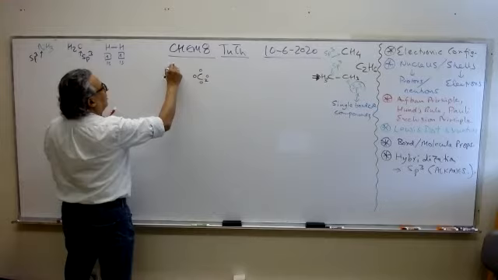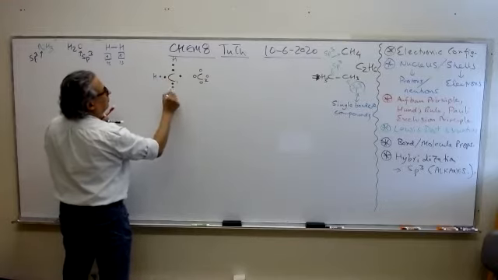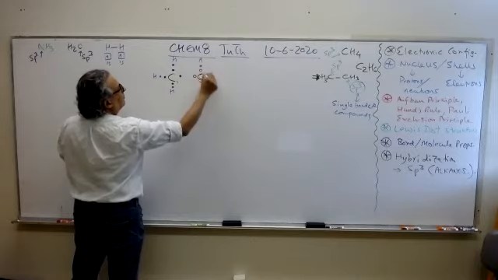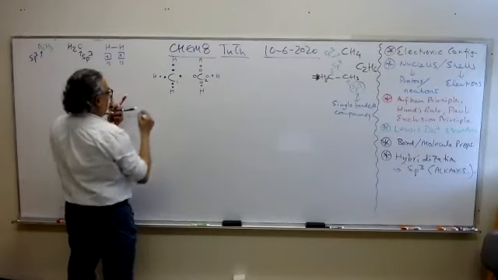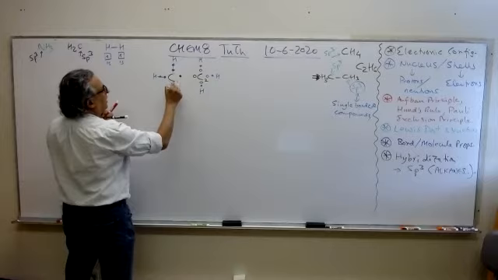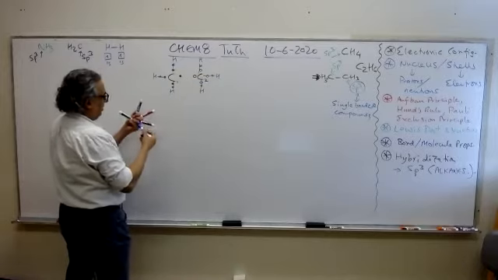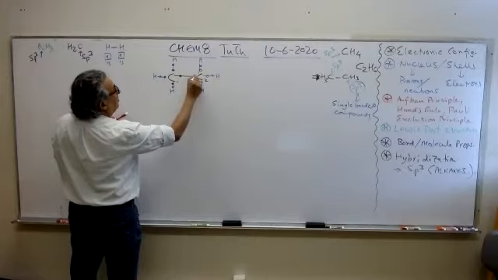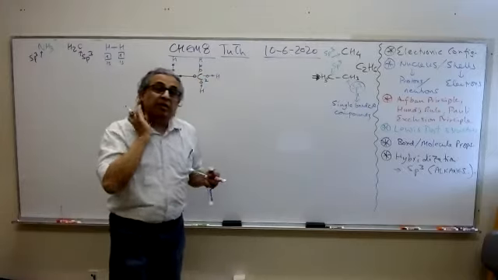These are the hydrogens. So that's a CH bond, CH bond, CH, CH, CH, and a CC bond. Okay, there are 7 covalent bonds.